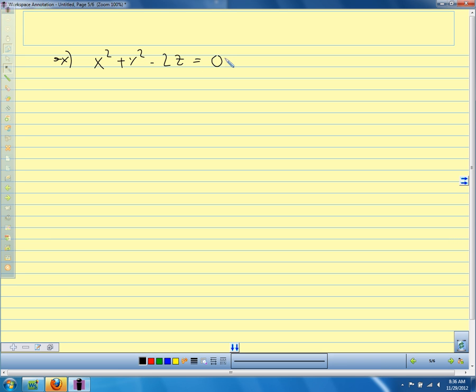We want to find the equation of the generating curve. So we're given that this is a surface of revolution. We want to find the equation of the generating curve. So anybody have an idea how we might go about this?